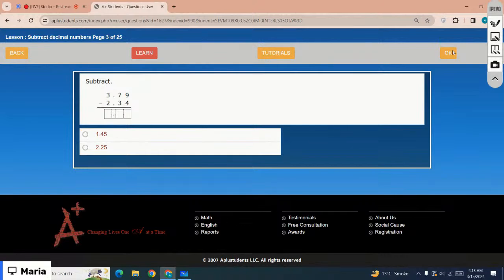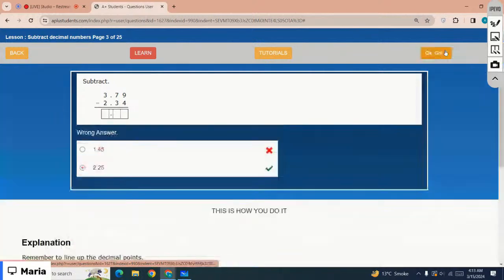Yes, that is 1.45. Option number one is the correct option. Oh, sorry. 2.25 it is. Sorry.